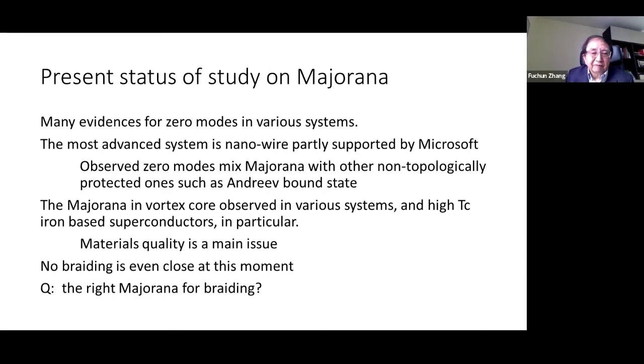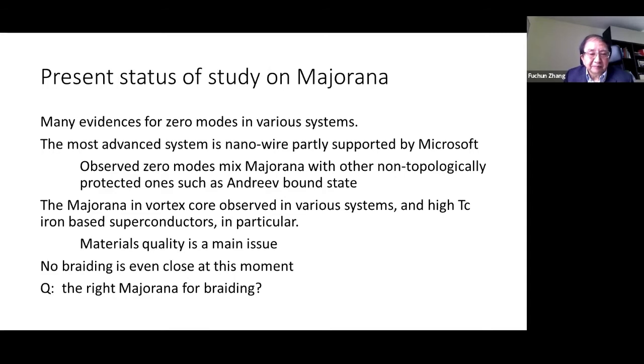For instance, an Andreev bound state can have almost zero energy. They call it quasi-Majorana, but it is actually not topologically protected, and probably not a good idea to use for topological quantum computing.